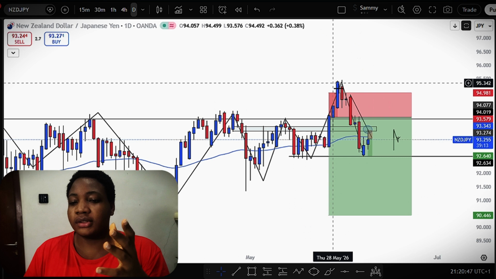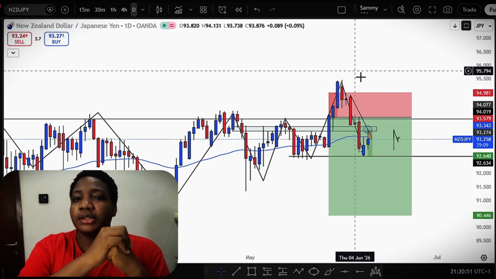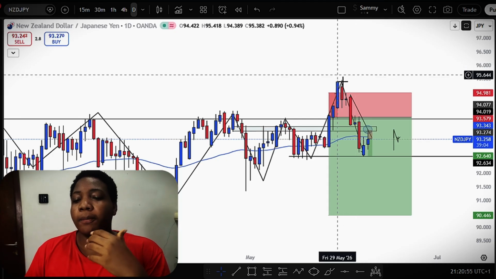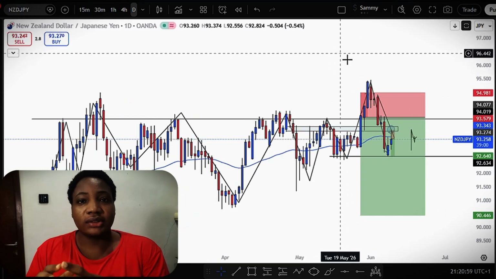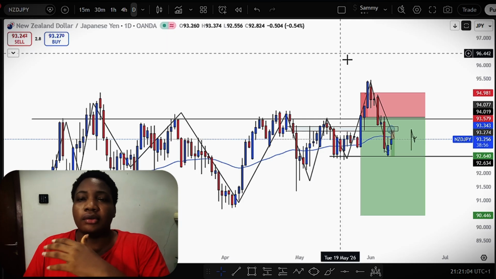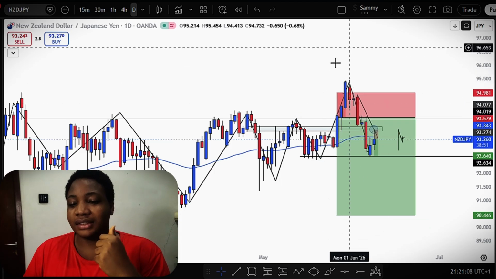A lot of stop losses will be hitting, right? And if there's a lot of sell stop losses hitting, that means institutions can actually position themselves to push the price down. That's basically a fake out. So that is exactly what happened here.